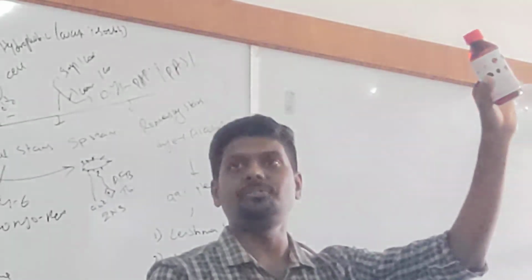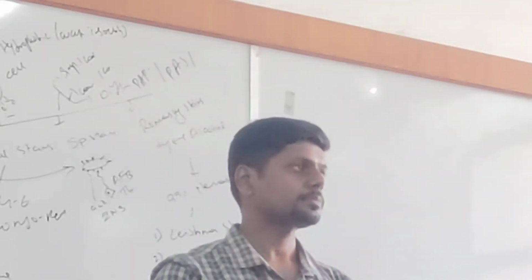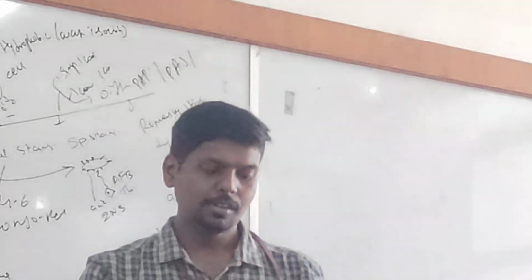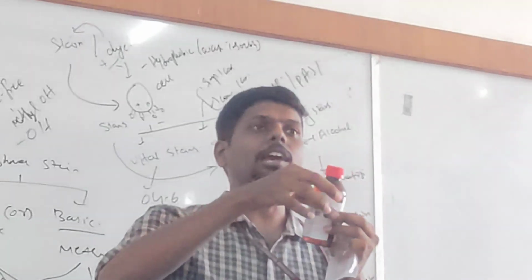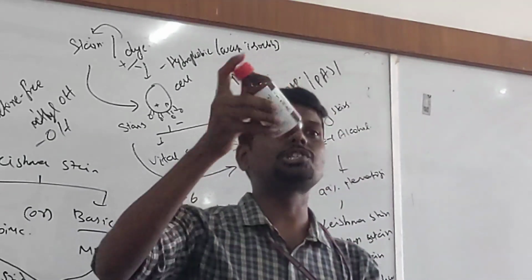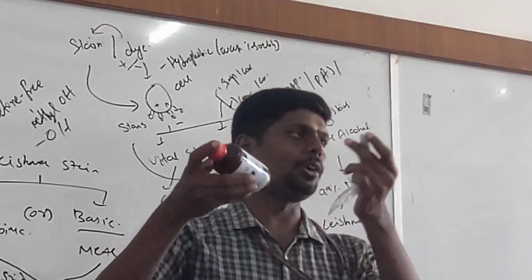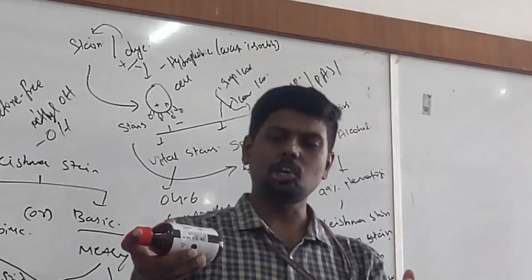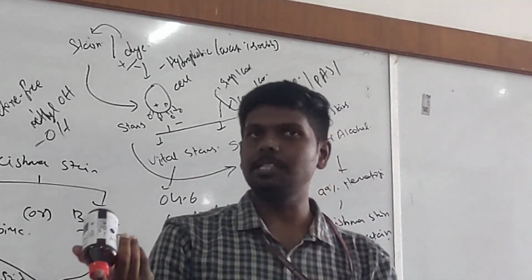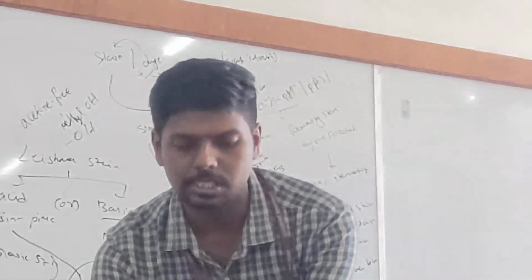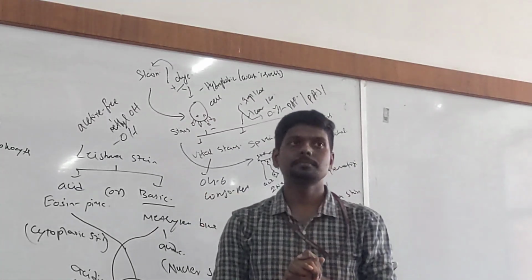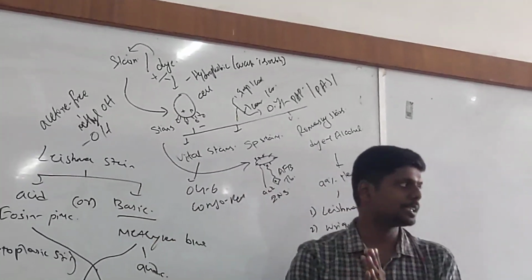Clear? Ideally, after adding it, every 24 hours we need to shake the bottle for even mixing of the dye. So today we might not get results, but we'll give it a try. And we already have previous stains, we'll see. Clear? So now you understood the stains.